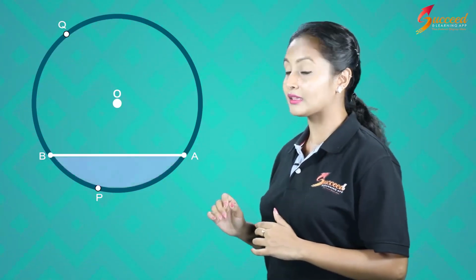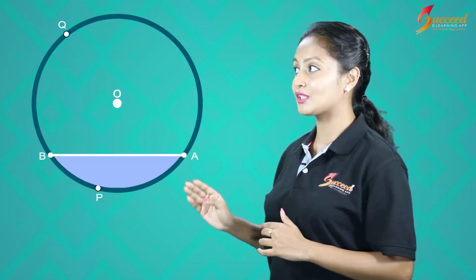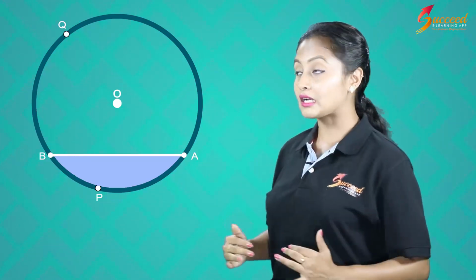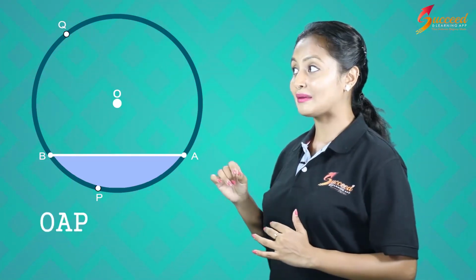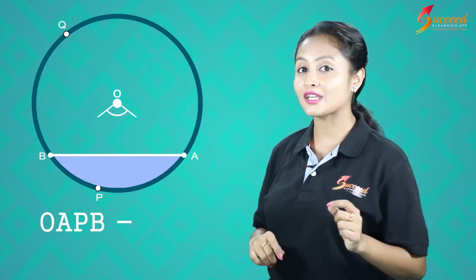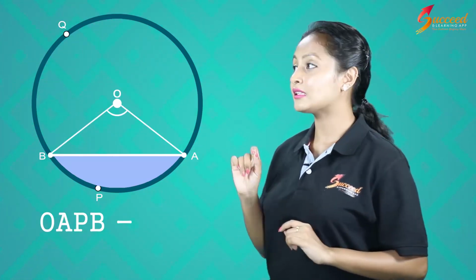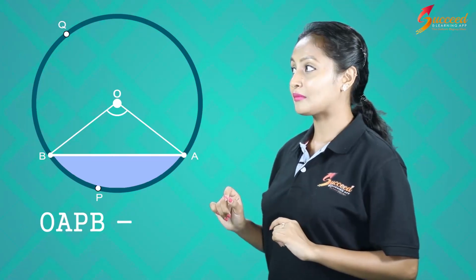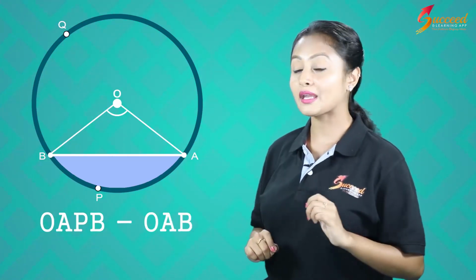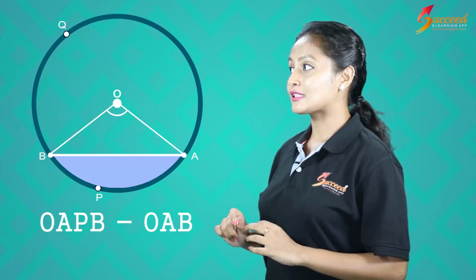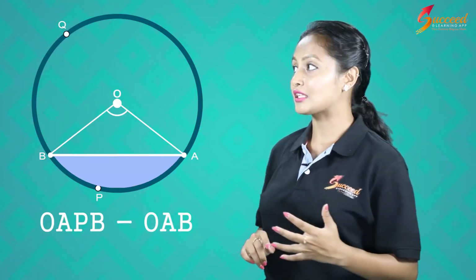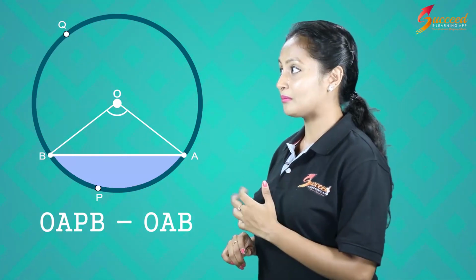Now, the area of the segment APB, that is the shaded region, can be calculated as area of the entire sector, that is OAPB, minus, if you observe there is a triangle which is formed between the radii and the chord. So that is nothing but area of triangle OAB.